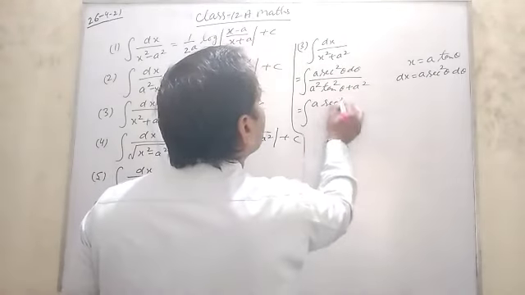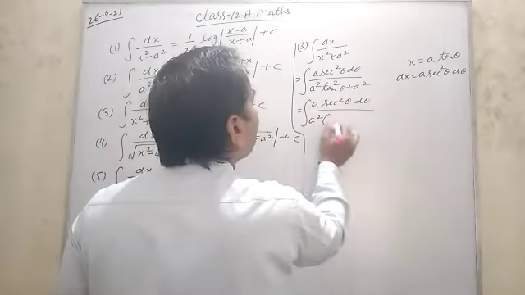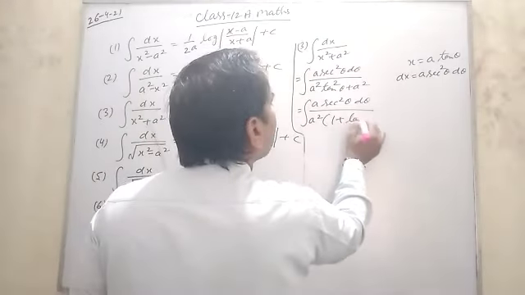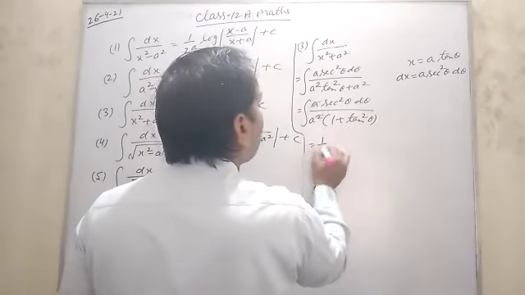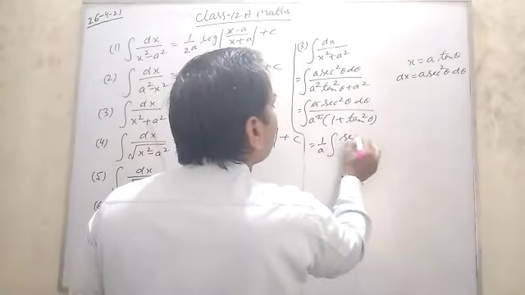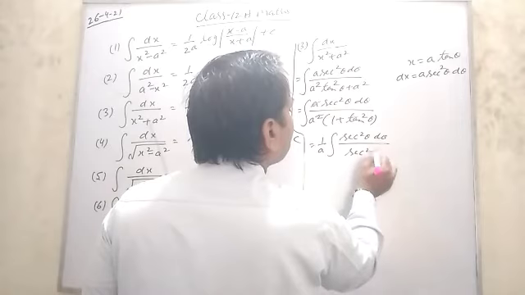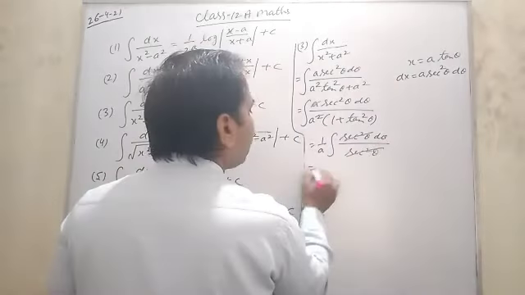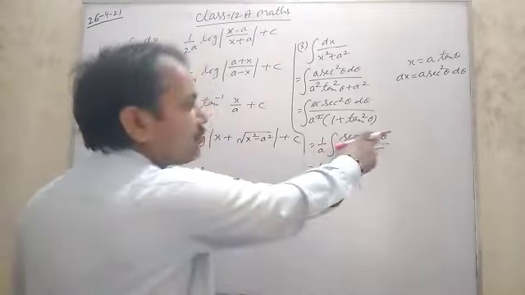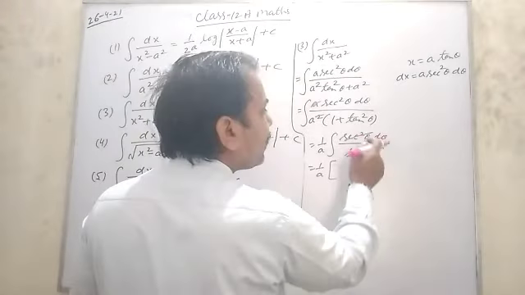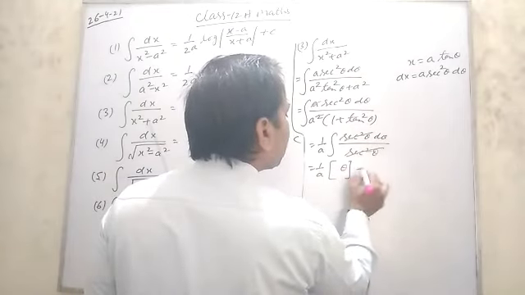So a sec square theta d theta upon a square, take common, 1 plus tan square theta. So a cancels, so 1 upon a constant, and sec square theta upon 1 plus tan square theta, the sec square theta cancels, so 1 upon a and 1 into d theta. So the integration is theta plus constant.